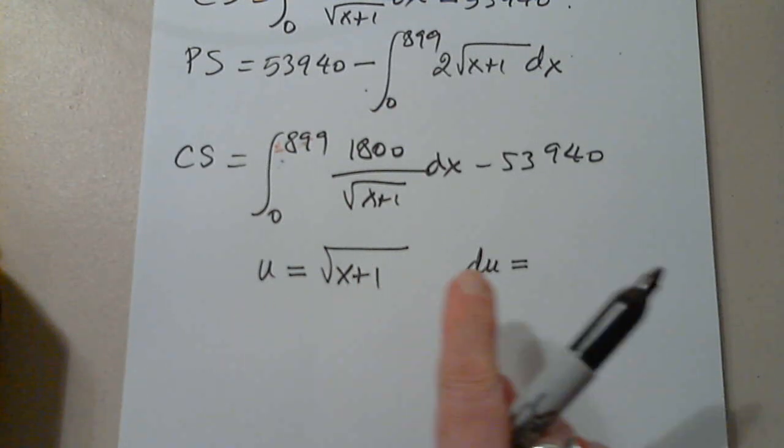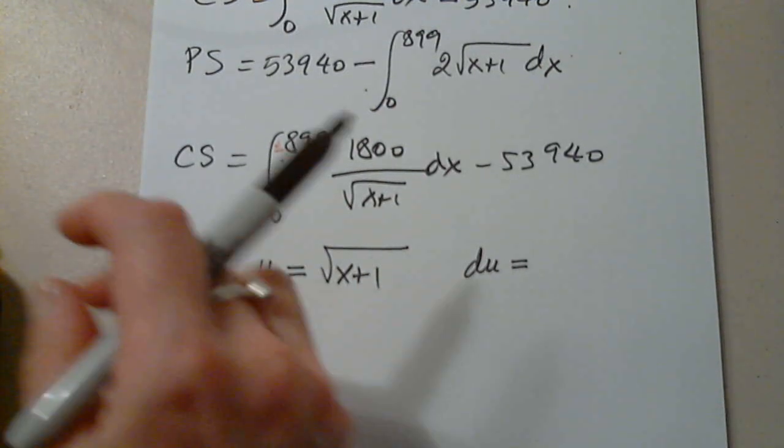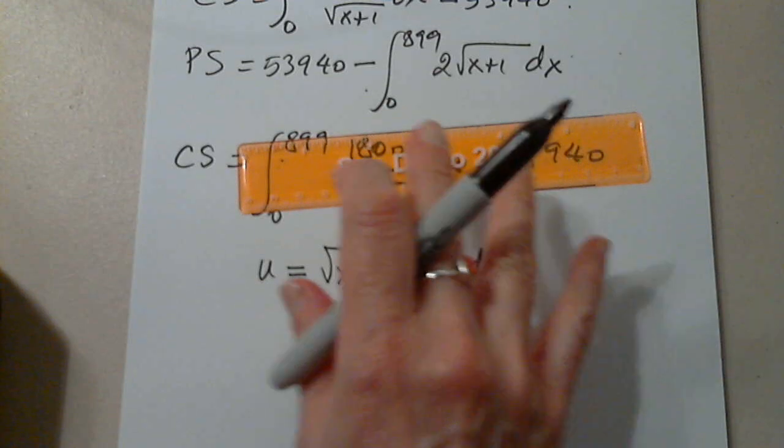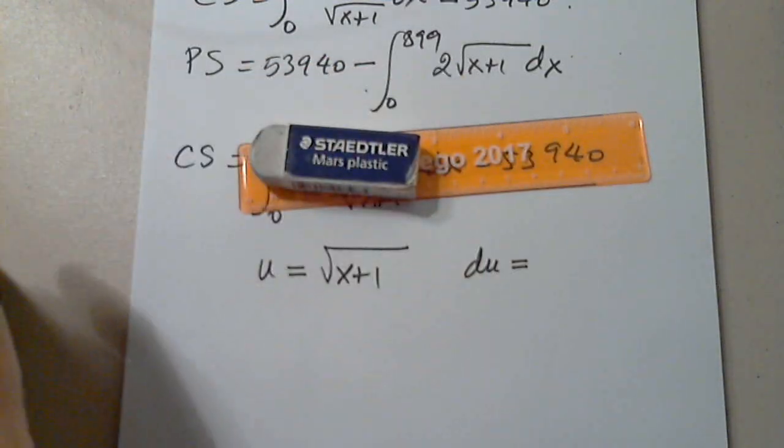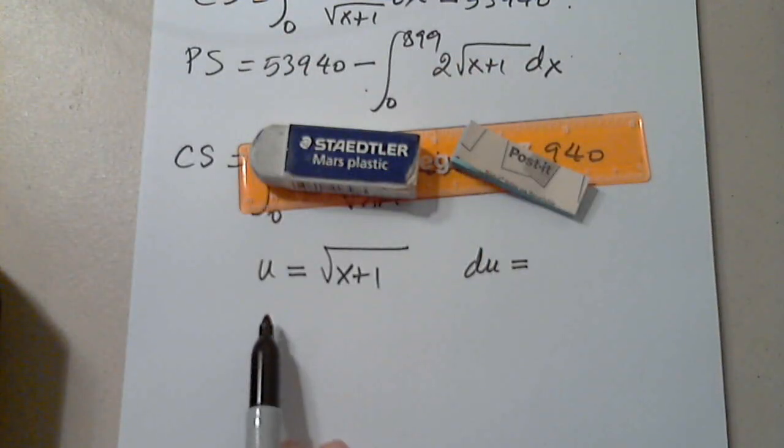This is u. We want du. This is our u. We need du. We cannot continue without finding du. Can anyone help with the du for this function? Would it be dx?